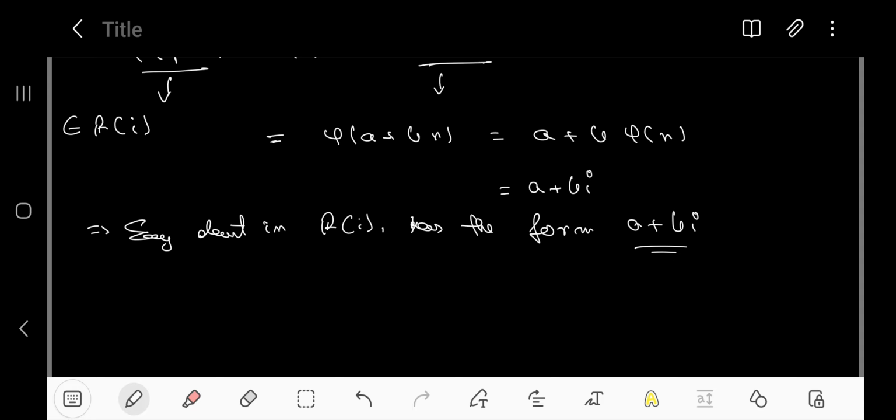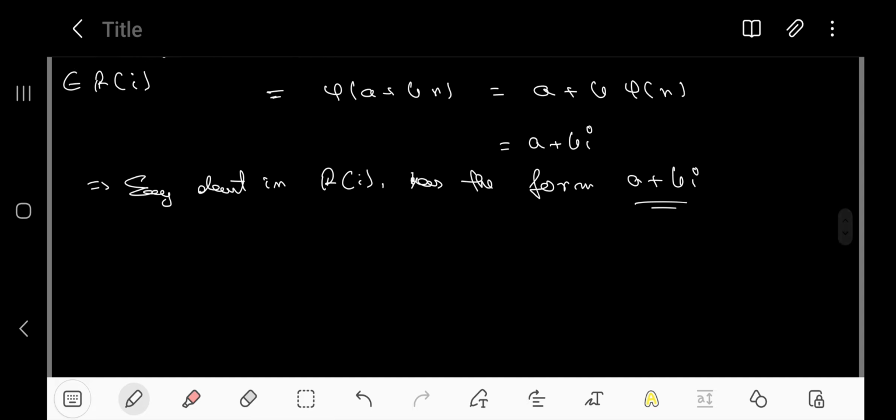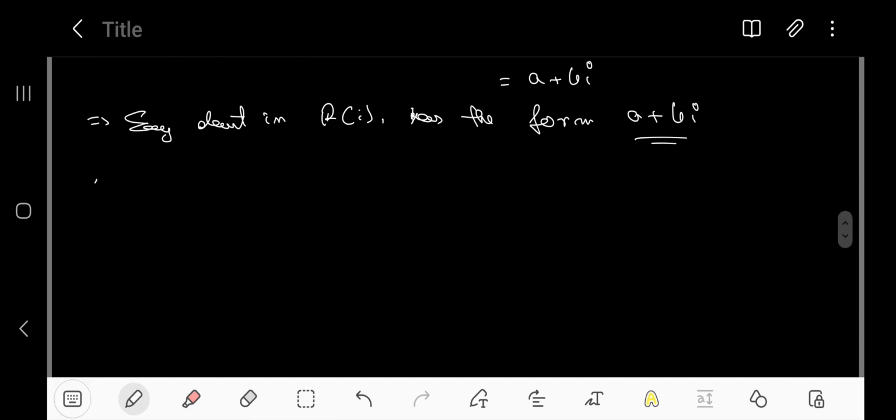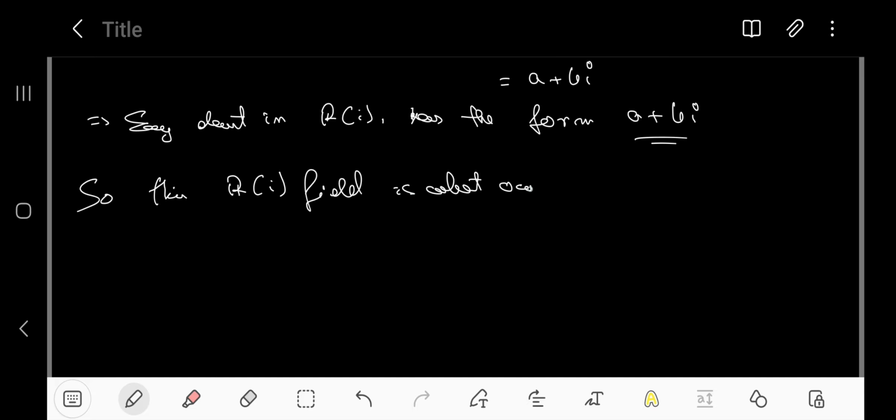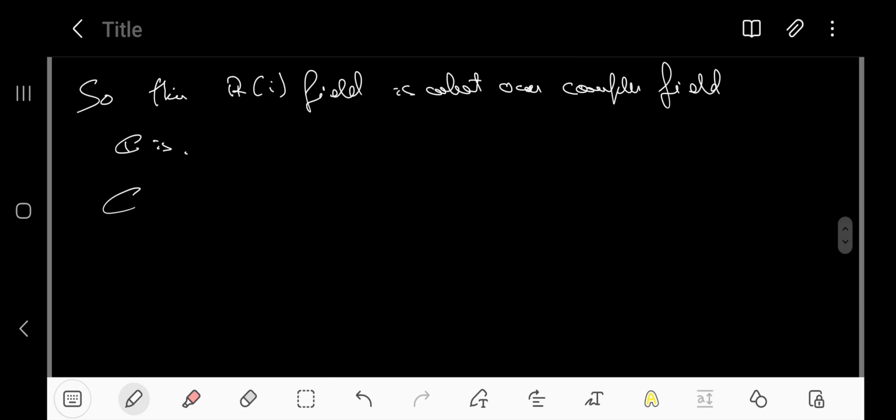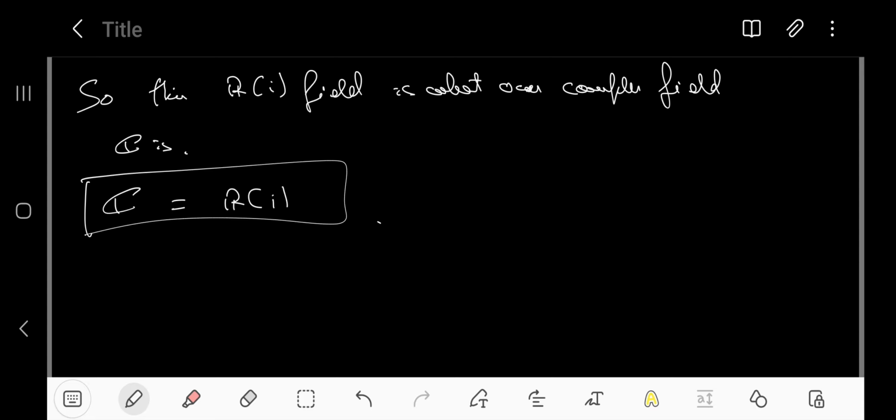So we have essentially constructed the elements in R(i), and this field R(i) is what we term as our complex field. So this R(i) field is what our complex field C is. Okay, so C is basically this R(i). Clear?